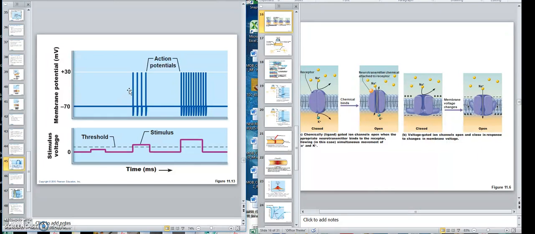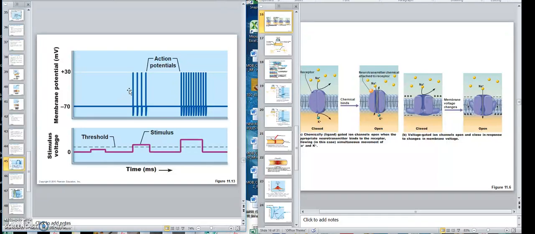Let's use an example. If you put your finger on an iron and it's a little hot, and then the temperature went up a little bit, it got hotter and hotter, how would the brain interpret that? How would you even send the signal to the brain?